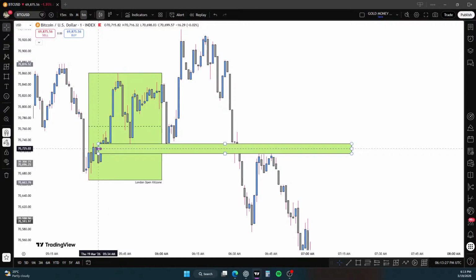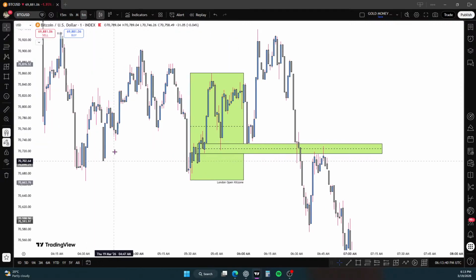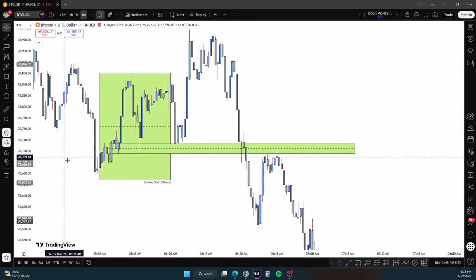This fair value gap here is very contextually important to the time span of this box, and the fact that it's an inefficiency that was formed after taking recent liquidity, recent orders in the market. So it's important.